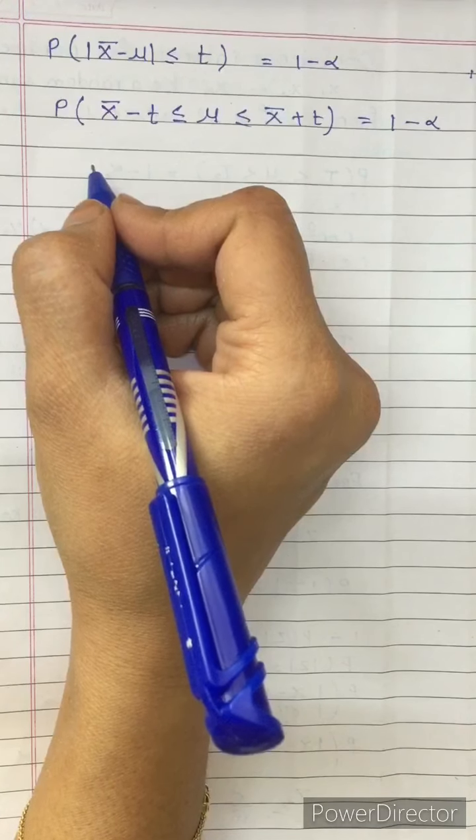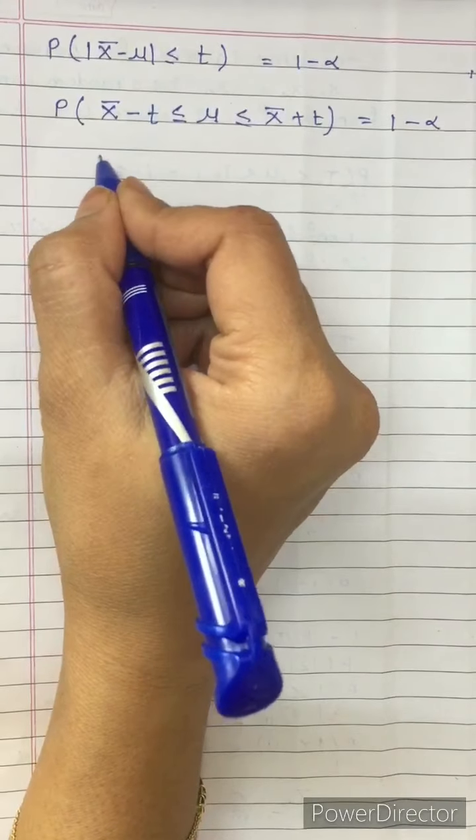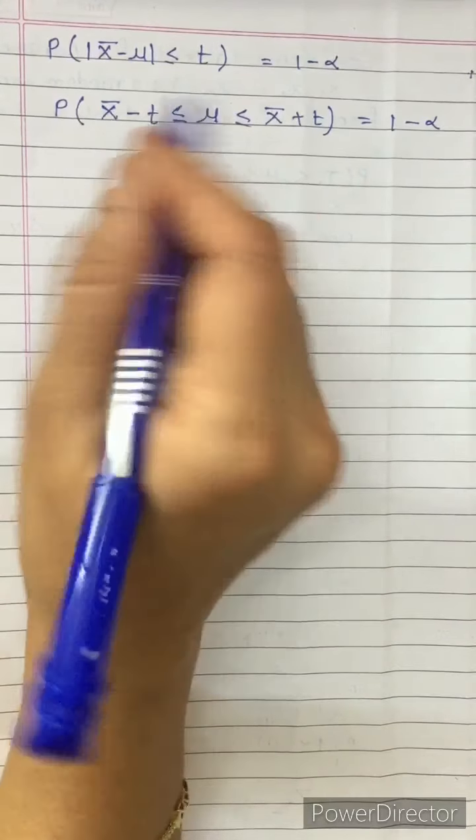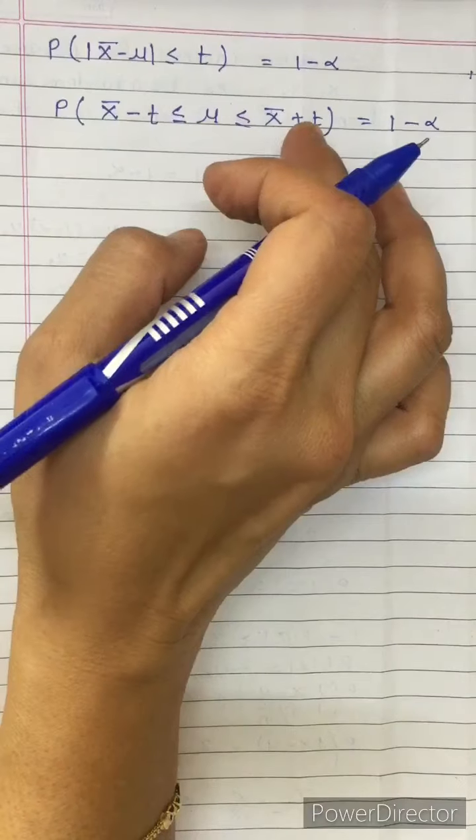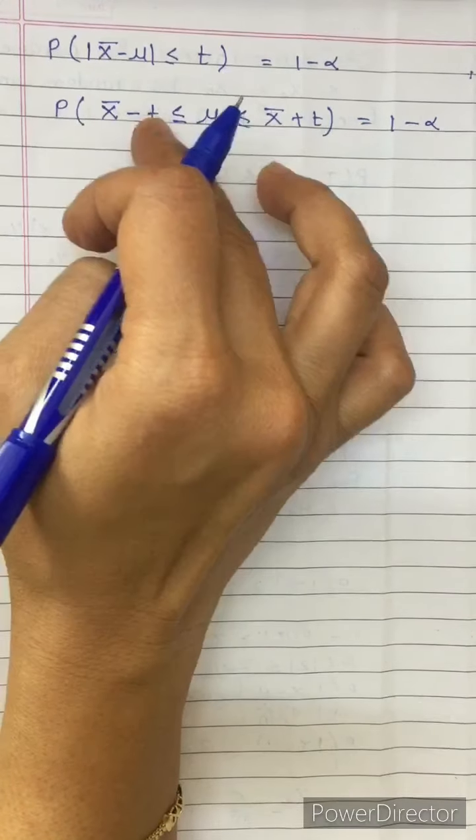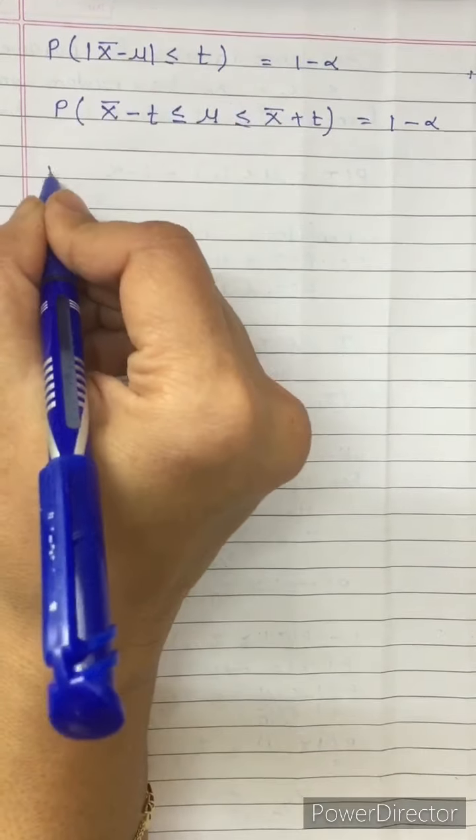Now we know the value of sigma. Sigma is known here. Therefore, instead of t, now we find out the limit for mu. Just put the value of t here.